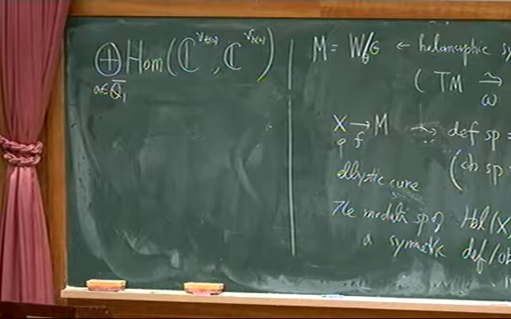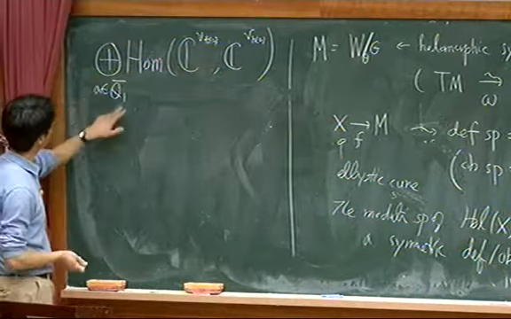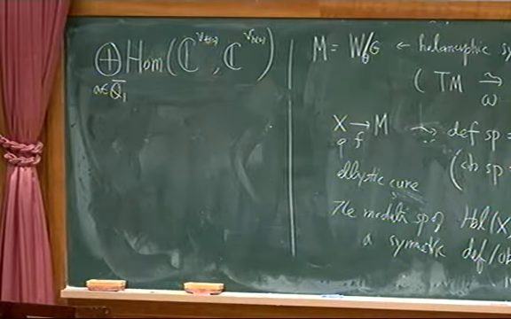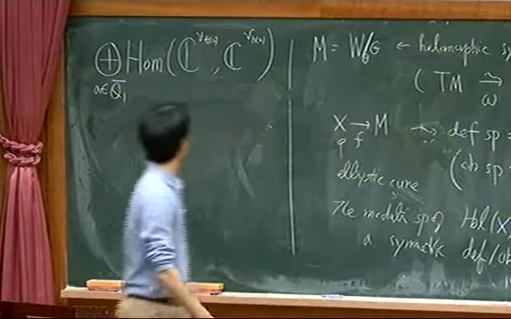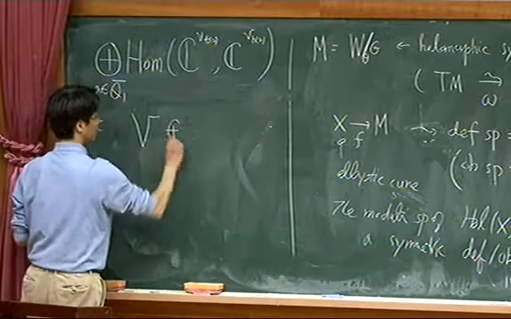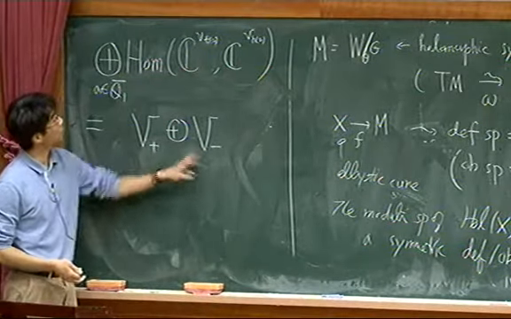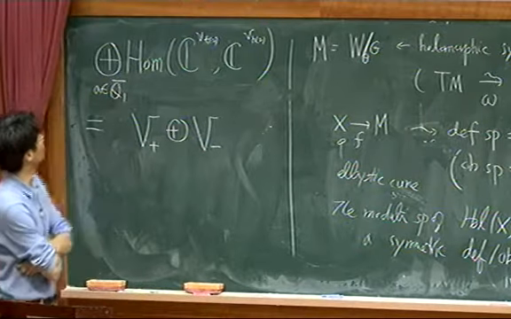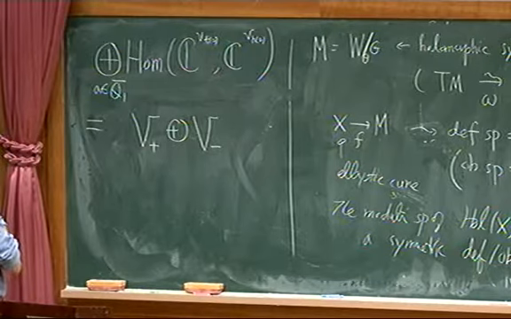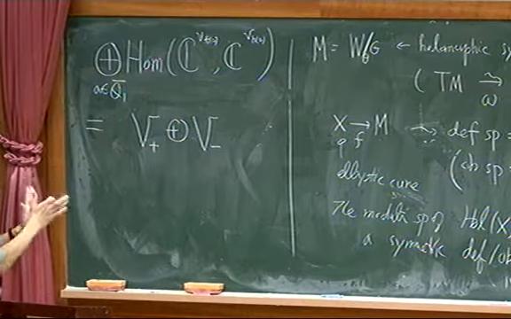But the double quiver has paired arrows: the original one and the negative one, A minus or B minus. So this can be written as a direct sum of two vector spaces with the same dimension, but dual to each other.